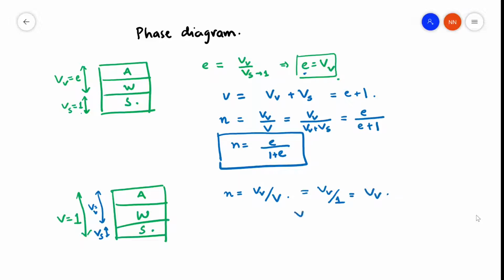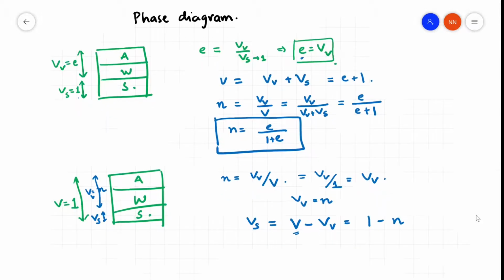So we have the volume of voids is equal to the porosity N. Now, the volume of solids is equal to the total volume of the soil subtracting the volume of voids. So this is assumed to be 1 and this is assumed to be N here.